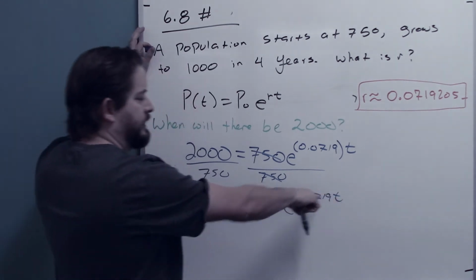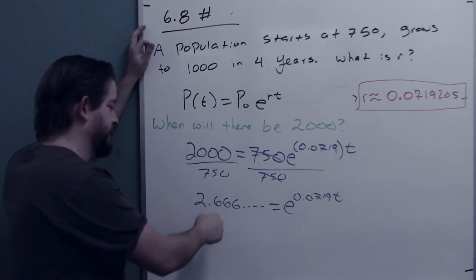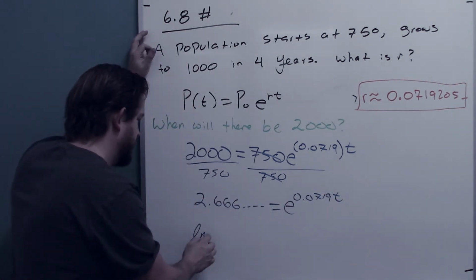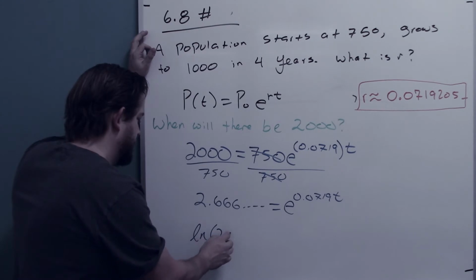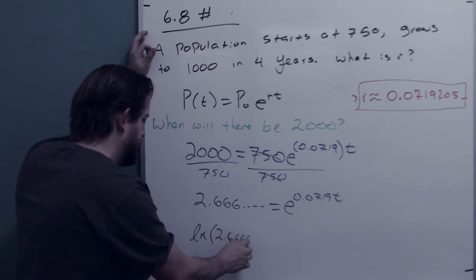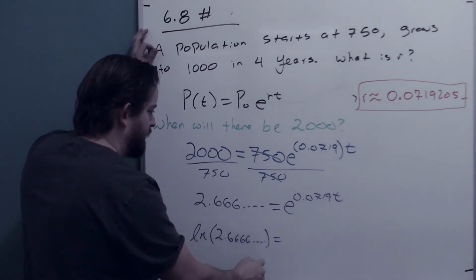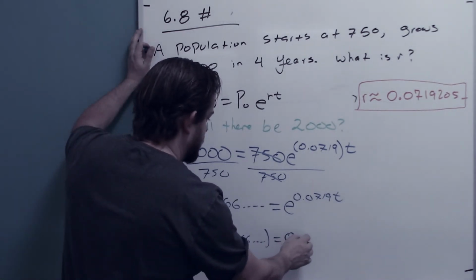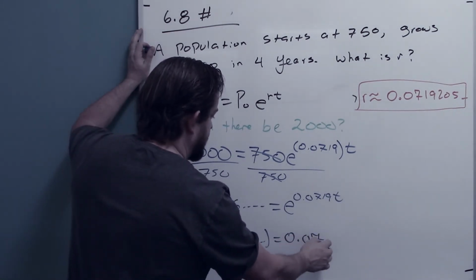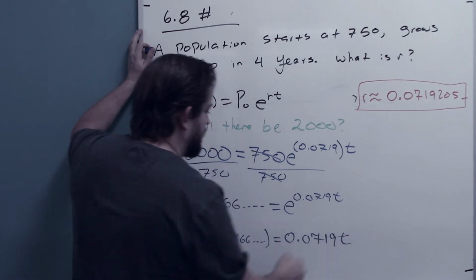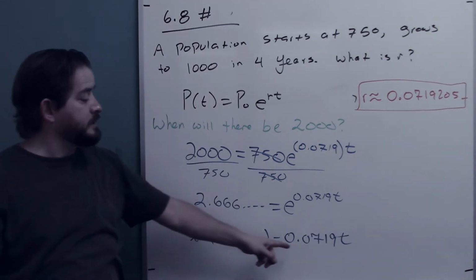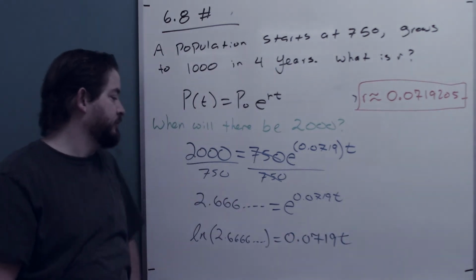0.0719t. And then I just have to solve for t, so I'm going to take the natural log of each side, or rewrite it as a natural log, that is. And then divide each side by the 0.0719.